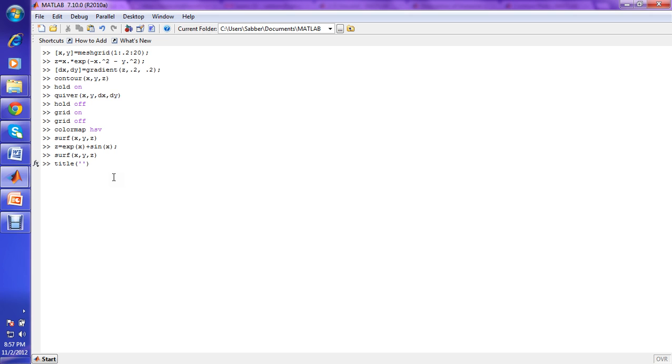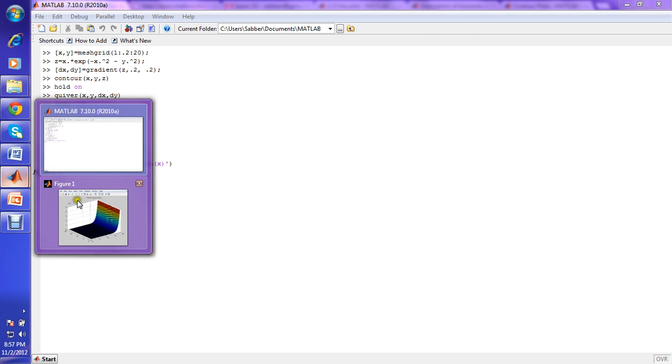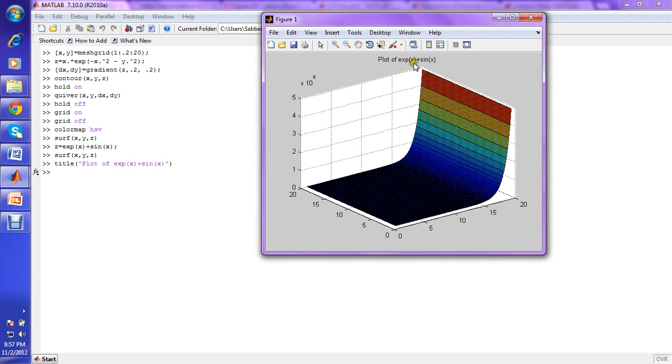For example, plot of exp x plus sin x. Okay, the title is added: plot of exp x plus sin x.